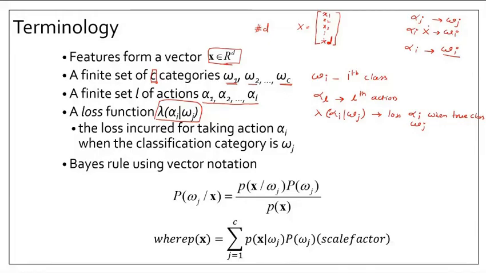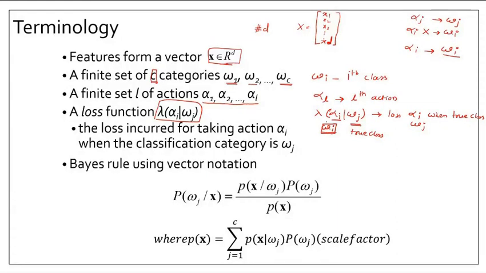Now, when will there be a loss? If omega j is the true class and I take action alpha i, that means I have taken a decision in favor of omega i. I should have taken decision omega j, but my system is telling me to take decision omega i. That means I am doing something wrong.